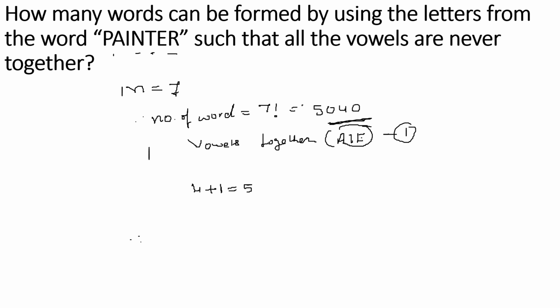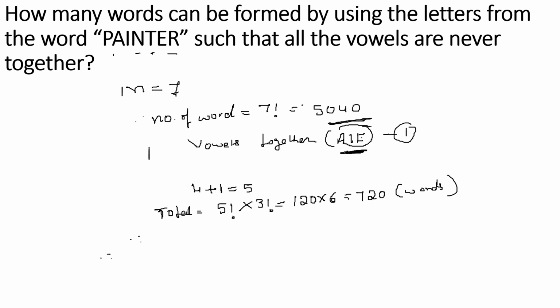Therefore, total words in which vowels together will be 5 factorial into how many vowels we have. So in this bundle we have 3 vowels, so we have to multiply by 3 factorial. So 5 factorial is 120, 3 factorial is 6, so 120 into 6, 720 words in which vowels are together.